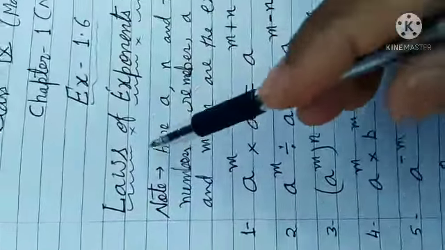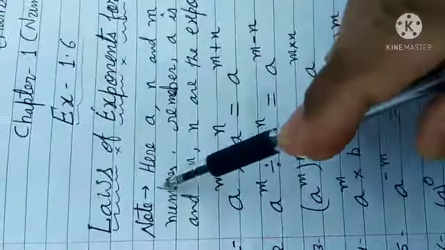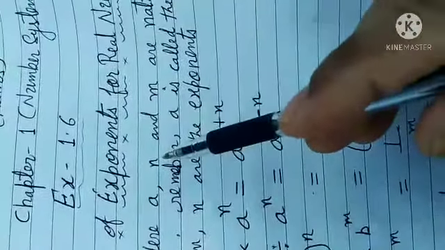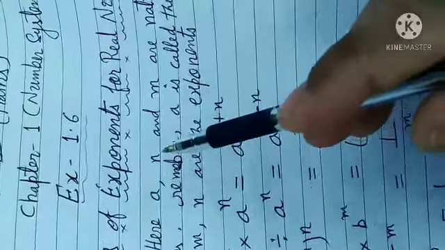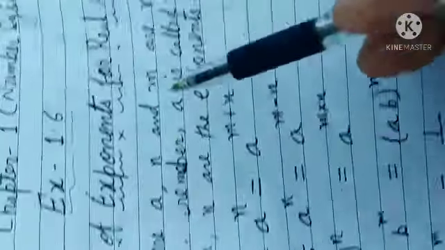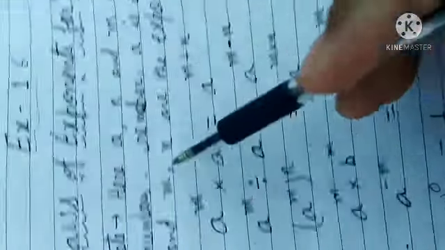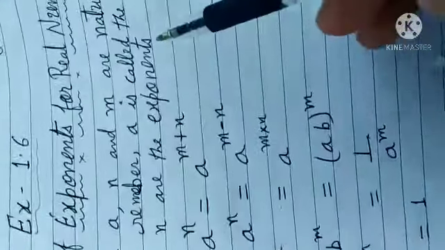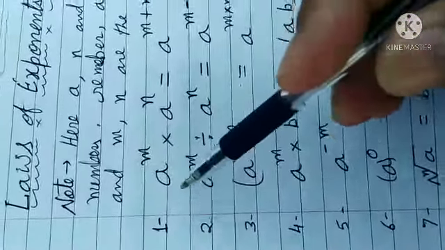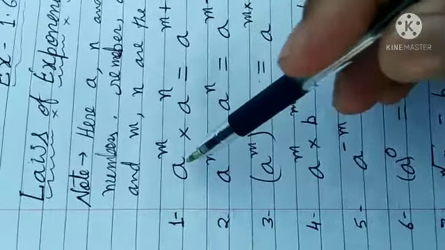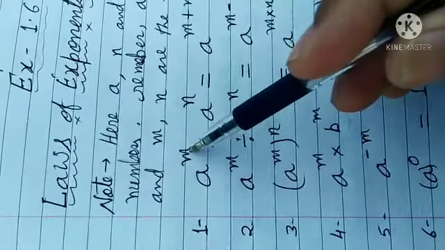See, what are the laws of exponents? Here a, n and m are natural numbers. Remember, a is called the base and m and n are called exponents. Like the first law: you see here base a and exponent m.